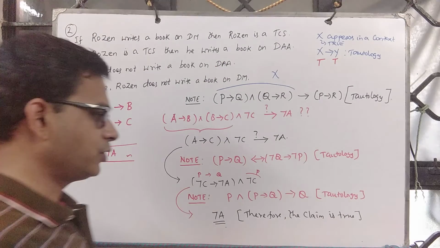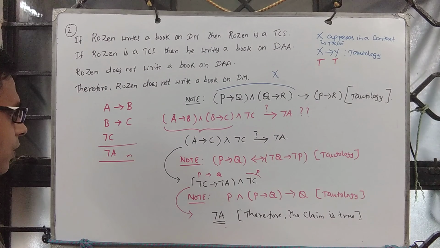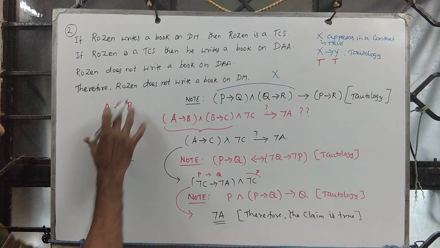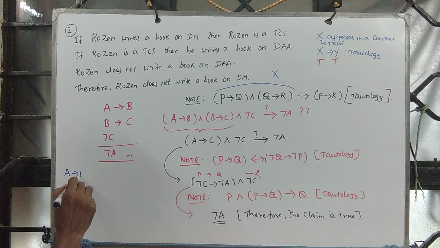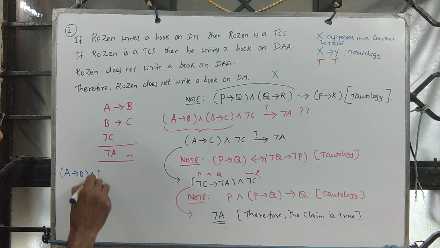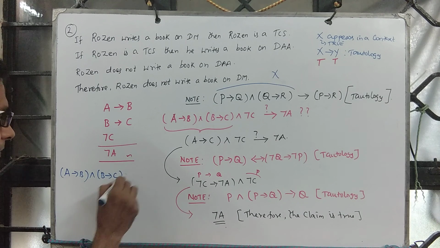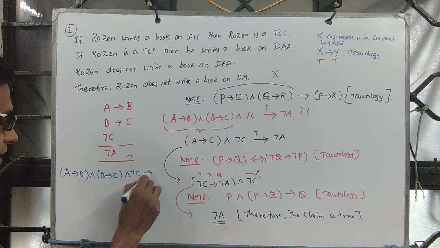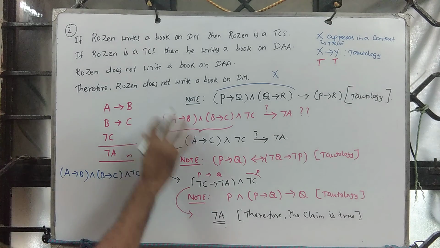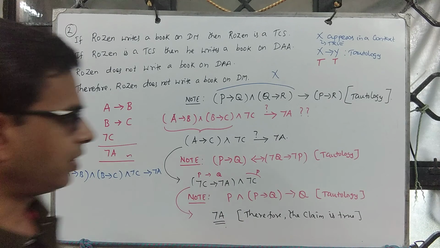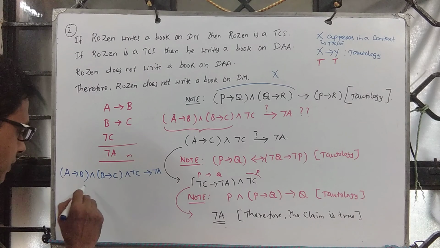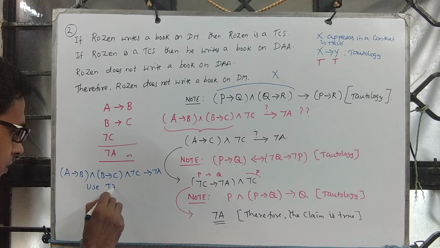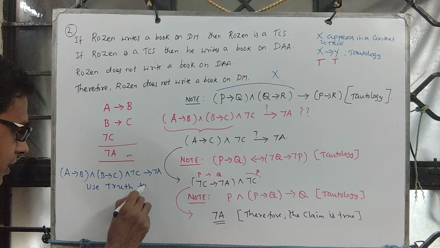This is one approach. One can always work with the given expression directly, meaning A implies B and B implies C and negation C imply this. Without using all of this, one can always simplify. How do you do it? Use the truth table method.